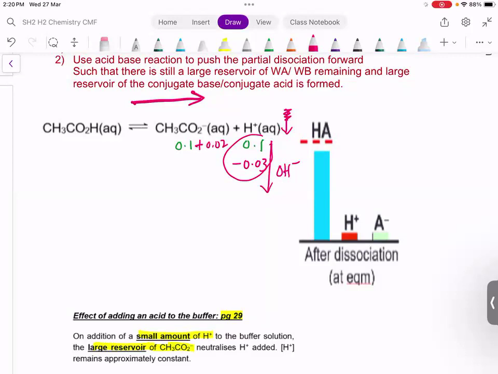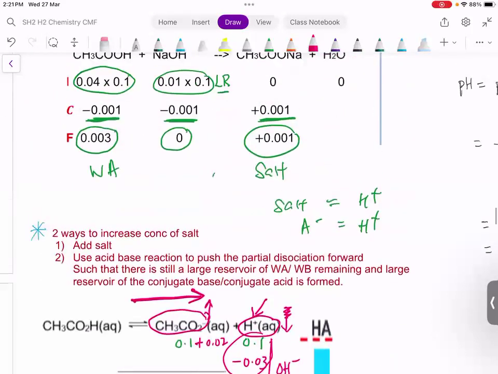Do you recognize that the resultant mixture will have a lower concentration of H plus than before, while the A minus will be higher than before. So these two concentrations can no longer be the same. Hence, a buffer system is formed.